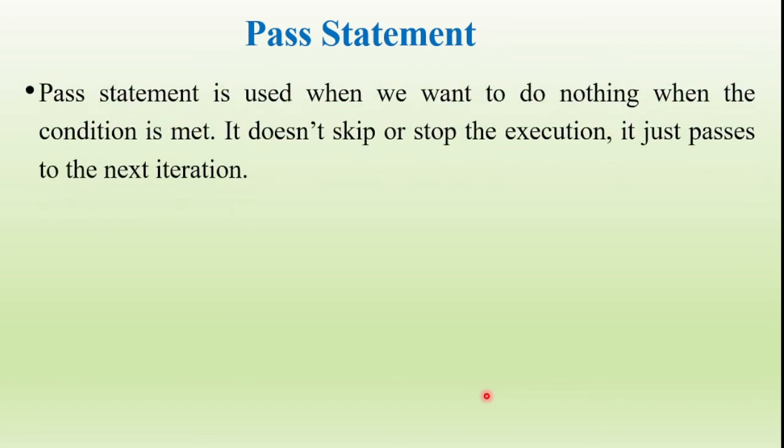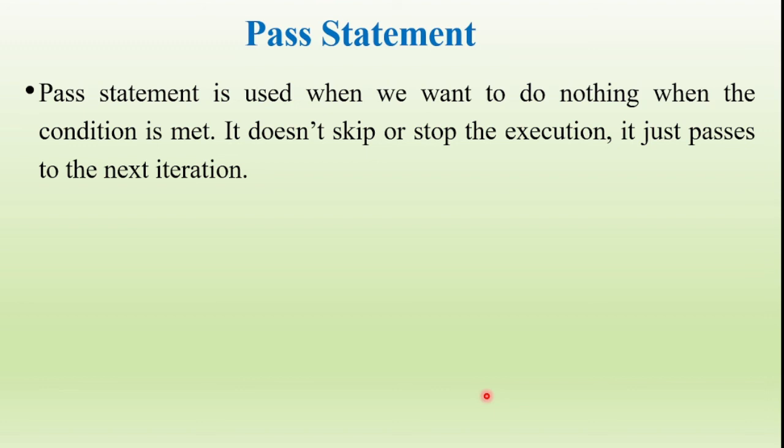The pass statement is used when you want to do nothing when the condition is met. It does not skip the statement, and it does not stop the execution. It just passes to the next iteration.